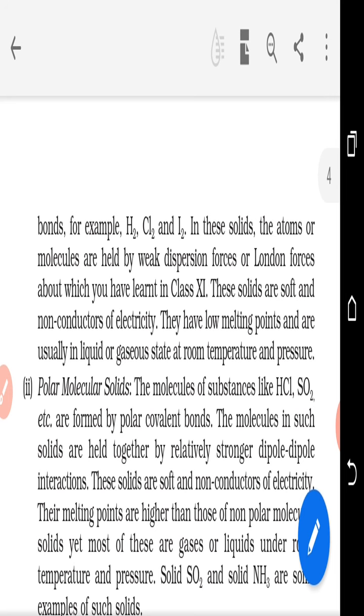Also, they have low melting point and they are usually liquid or gases at room temperature and normal pressure.